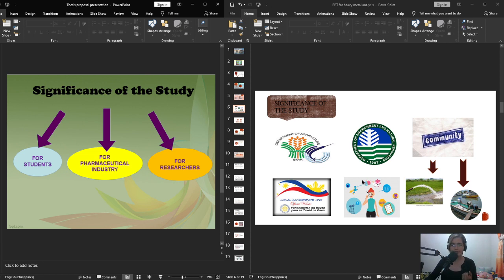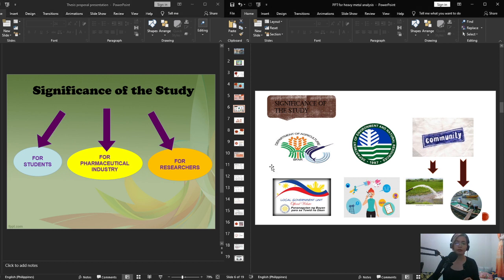Summarize it. So let's have this example. On this left side, they only use shapes and arrows. Okay, that's enough. And for the right side, they use logos or icons showing the entities that their study will give benefit to.